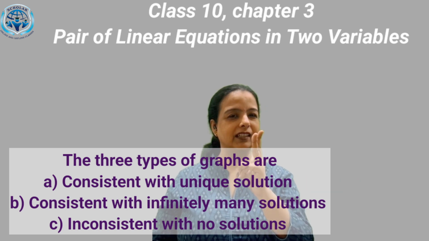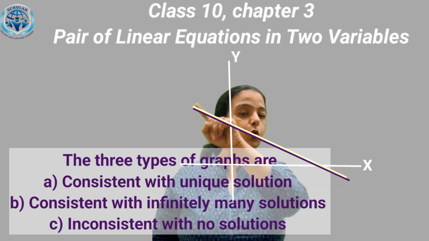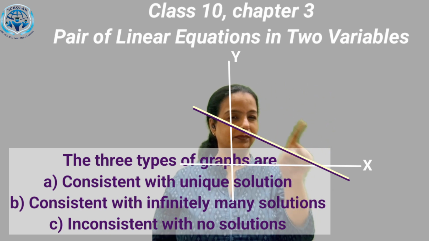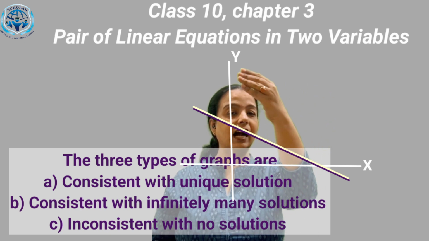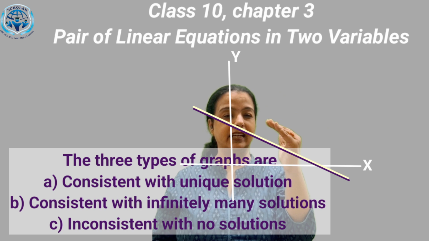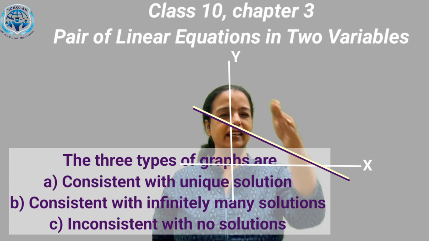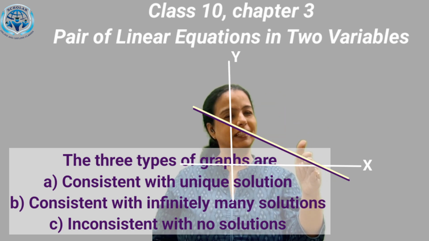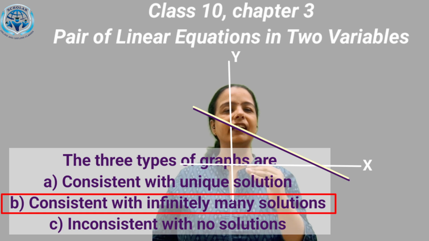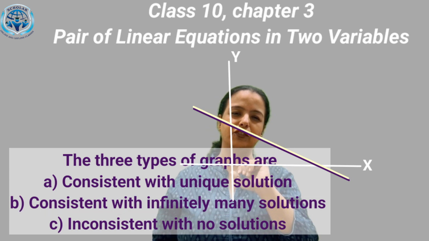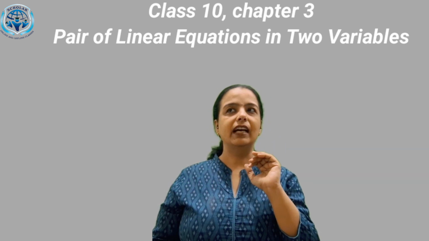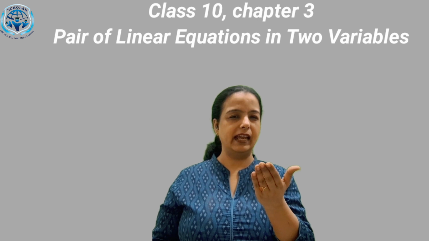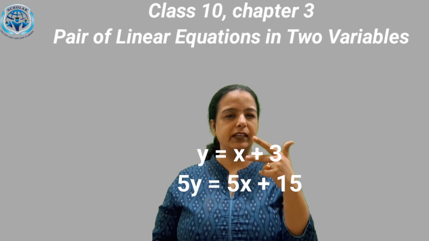There is a third pair where the two lines coincide with each other like this, meaning they are coincident. One line is this, another line is just above the first line. So there are infinitely many solutions of these equations. Like we are solving one question, and we have been given two equations.